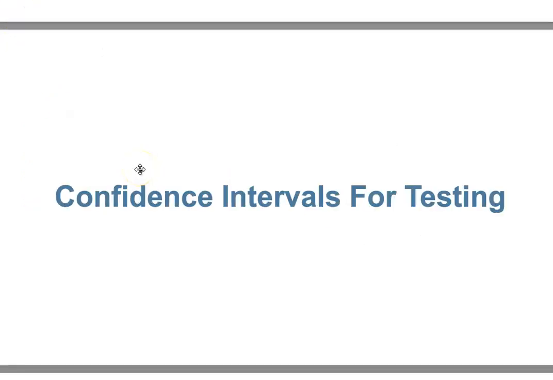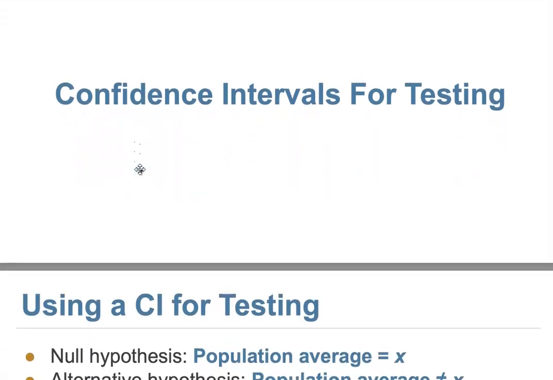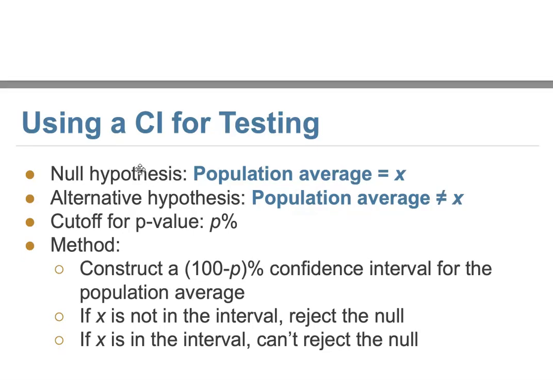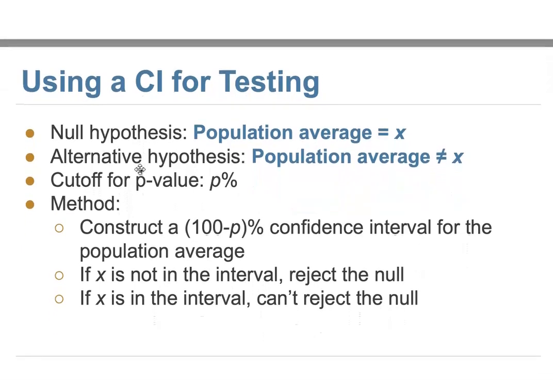The confidence interval can also be used for testing. This can be used for our hypothesis testing as well. But this hypothesis will be a little different. Usually we use the confidence interval for this kind of hypothesis.